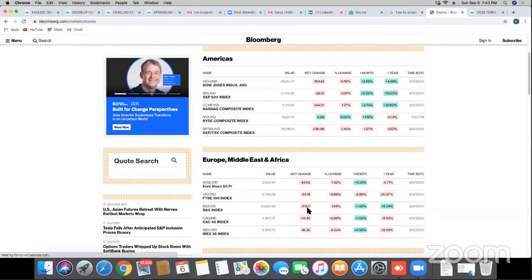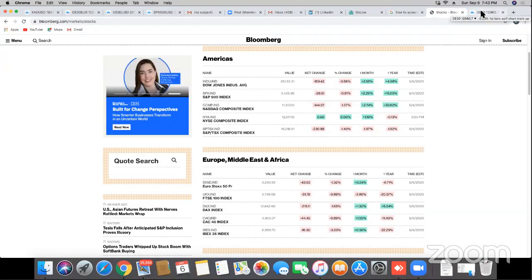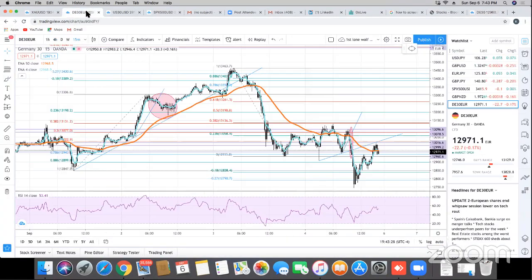I'm mostly looking at net change and percentage change. Okay. And if they're green, you're looking for potential buys, but you want to make sure you have confirmation on the chart for that. And if they're pink or red, then you're looking for sells, and you're still looking for confirmation on the chart for that. Exactly. Okay. So we're up at 7:15. We're looking at the market. We've looked at our fundamentals. We're looking to see what's going on and have an idea of what the market looks like.